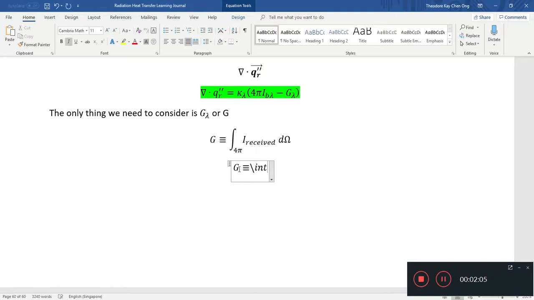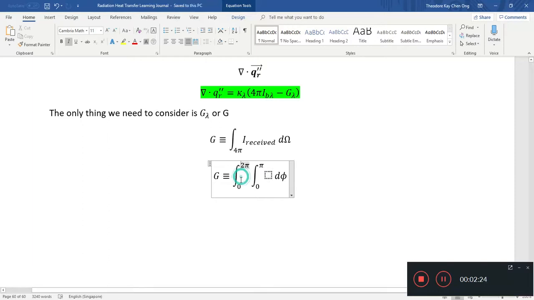So let's integrate from 0 to 2 pi d phi, and you integrate from 0 to pi, the polar angle.